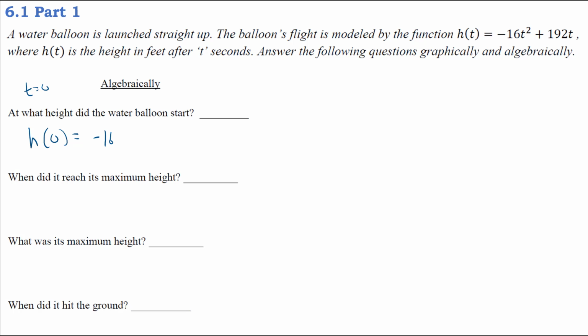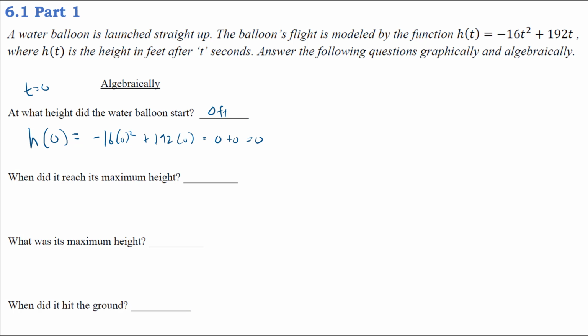So -16 times 0 squared plus 192 times 0. Hopefully you all see that that is 0 plus 0, which gives us 0. So the height that the water balloon started at is 0 feet.